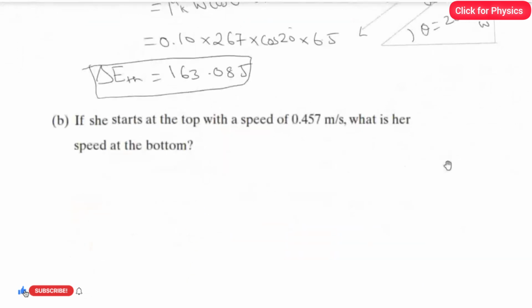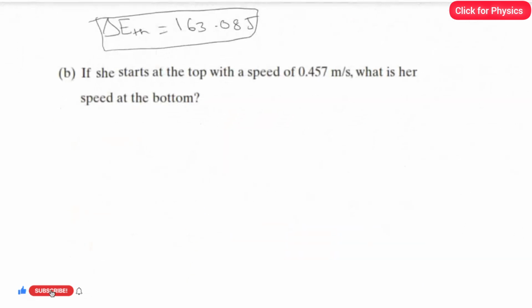For this, we have to use the rule for the work done formula. So what is the rule we studied? W is equal to change in thermal energy plus change in mechanical energy. Because the mechanical energy is the combination of potential energy and the kinetic energy, I have to substitute that formula here.